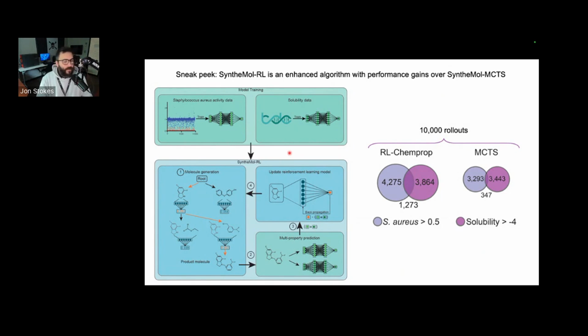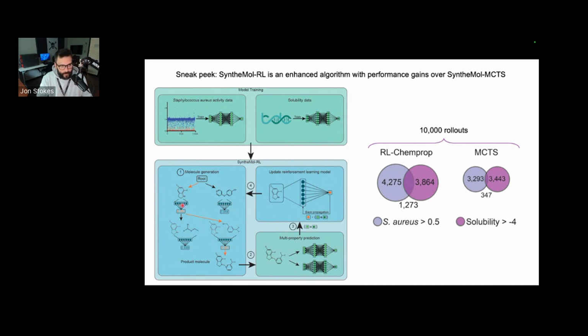So in this example that we're currently putting together right now, we had a Staph aureus training data set, and we were trying to multi-property optimize for both Staph aureus data and solubility. So we have the molecular generation phase, the building block selection phase, being driven by a deep neural network.